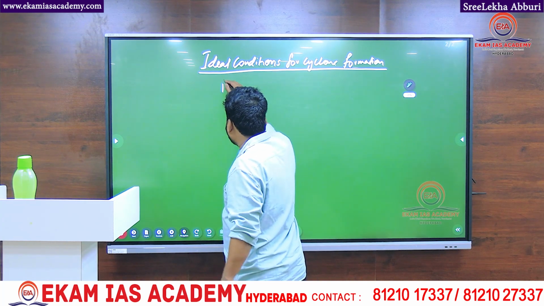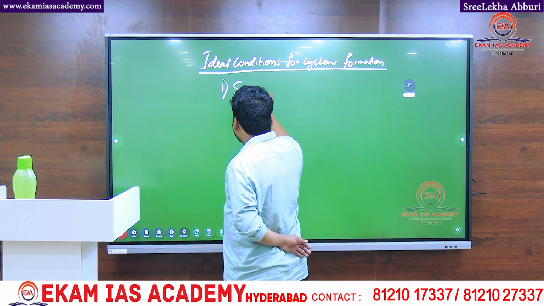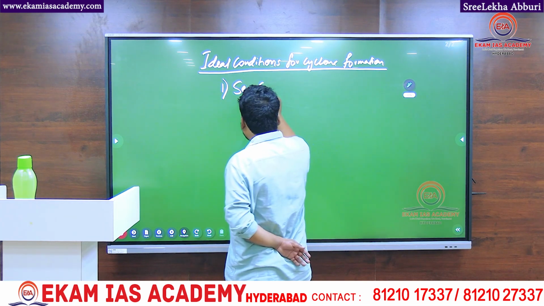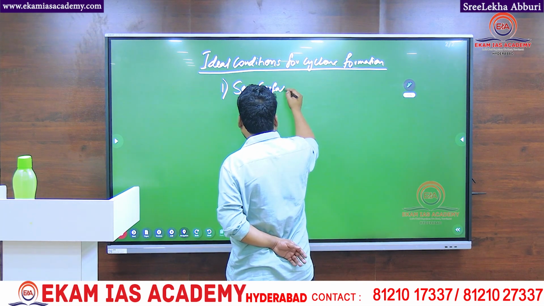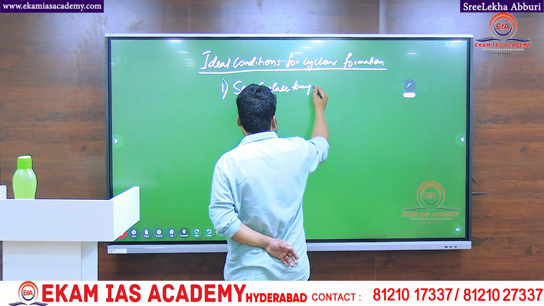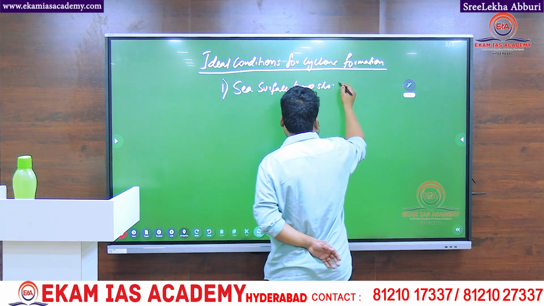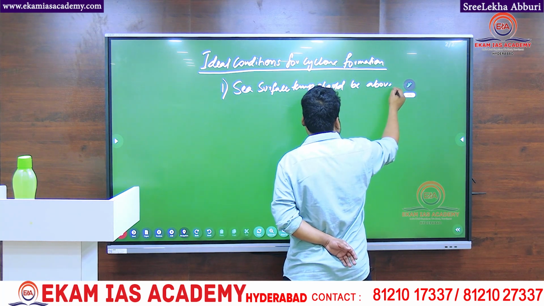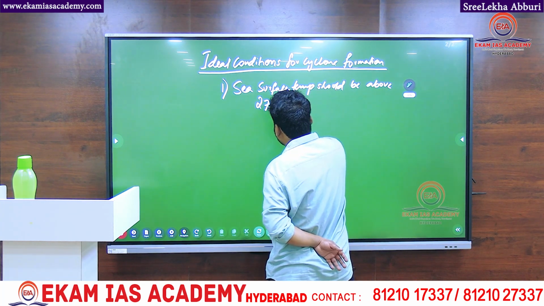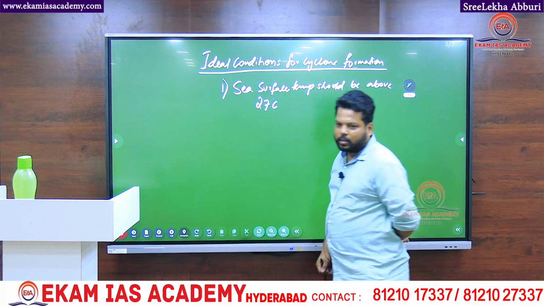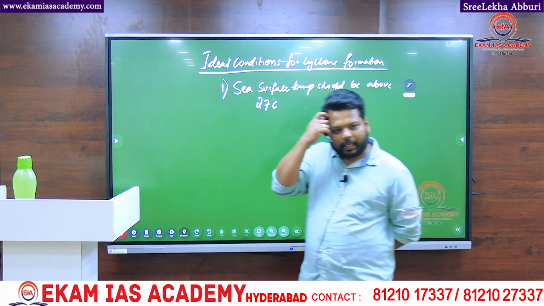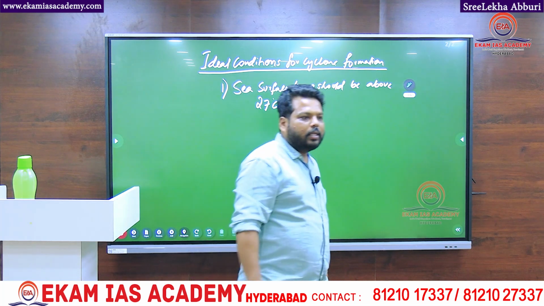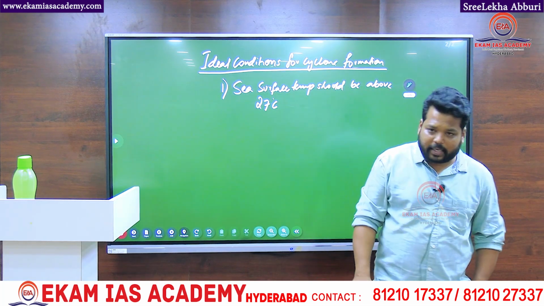First one is, tropical cyclones are generally formed on sea surfaces. That's why sea surface temperature should be above 27 degrees centigrade. Sea surface temperatures should be above 27 degrees centigrade.